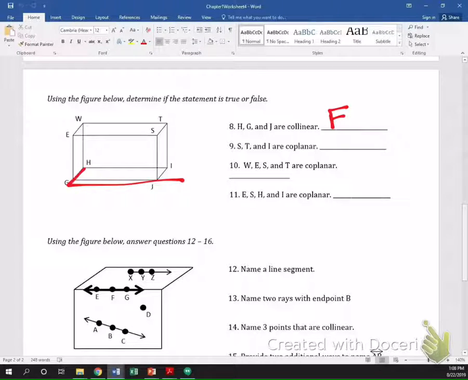T, S, I. T, S, and I. Coplanar. Are they on the same flat surface? Yes, that's true. W, E, S, T are coplanar. Yeah, it's the top, right? Same flat surface, like if you're looking at a box, they're all on the top, so that's true.